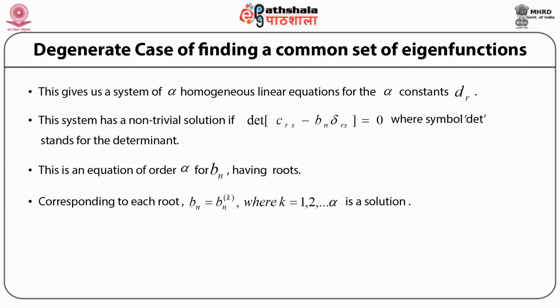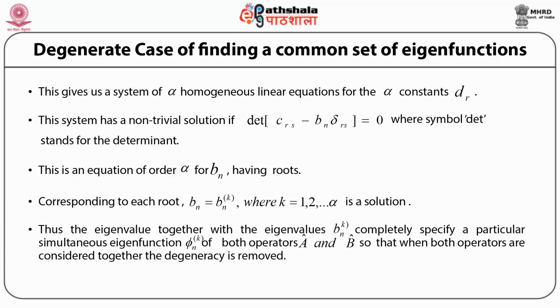Corresponding to each root, Bn is equal to Bnk, where k is equal to 1, 2 and so on till alpha, is a solution. Thus, the eigenvalue An together with the eigenvalues Bnk completely specify a particular simultaneous eigenfunction phi nk of both operators A and B. When both operators are considered together, the degeneracy is removed.